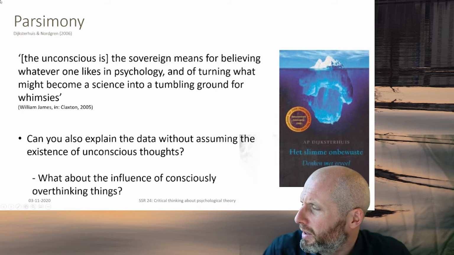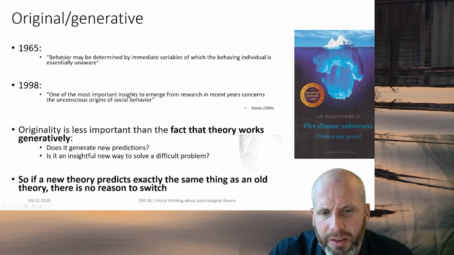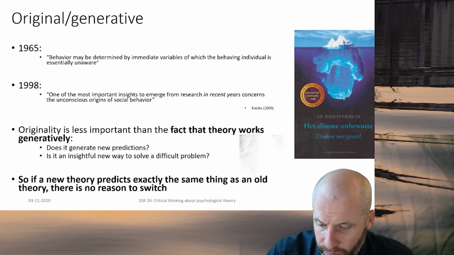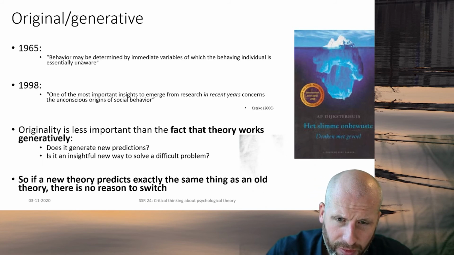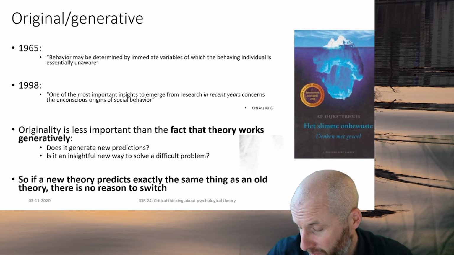But there's another criterion that you need to take into account. All right, so the degree to which a new theory is original compared to the existing ones. And the unconscious thought model in this comparison followed the theory about introspection.